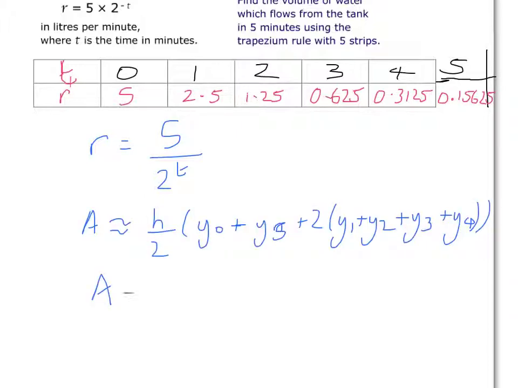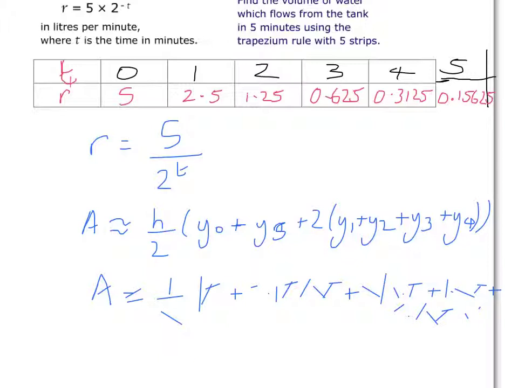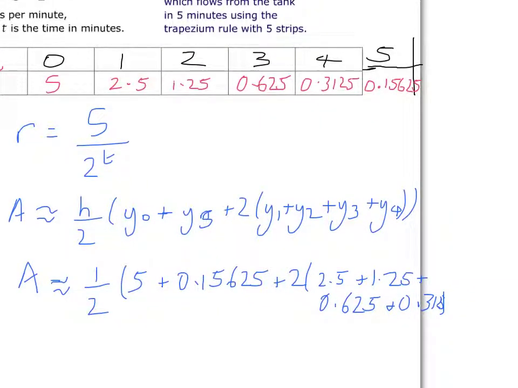So our h value is 1, so 1 over 2, and our y0 is 5, our y5 is 0.15625, plus 2 lots of 2.5 plus 1.25 plus 0.625 plus 0.3125. Close the brackets, and you've got all our values substituted in.